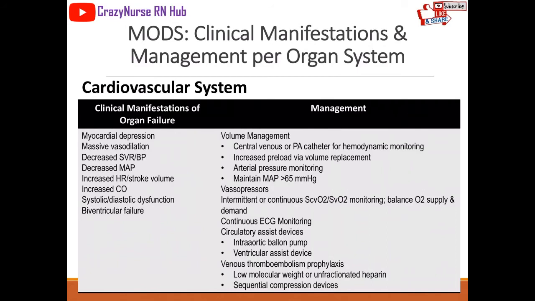Balanced oxygen supply and demand. Also, continuous ECG monitoring and circulatory assist devices such as your intra-aortic balloon pump and ventricular assist device. Also, venous thromboembolism prophylaxis by way of administering low molecular weight or unfractionated heparin and sequential compression devices.